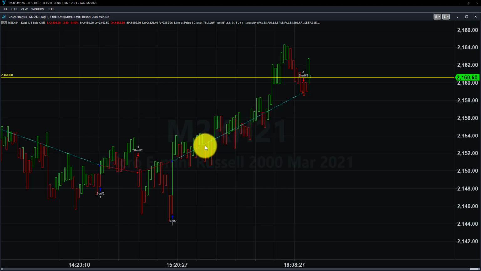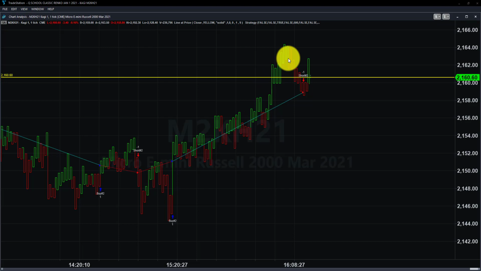If you're not familiar with Kagi charts, in a nutshell, what it's doing is marking higher highs and lower lows. The higher highs up in here, the green, when it's making higher highs, it's called the shoulder. These are the shoulders. And as long as the shoulders are headed up, price is headed up.